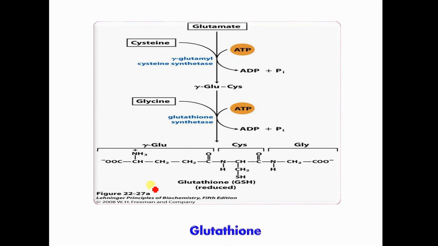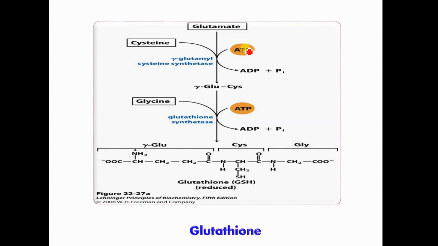And in the synthesis of glutathione, we require three reactions. Among them, one is the glutamate will bind with the cysteine and forms gamma glutamyl cysteine. For this, we require an enzyme known as gamma glutamyl cysteine synthetase.